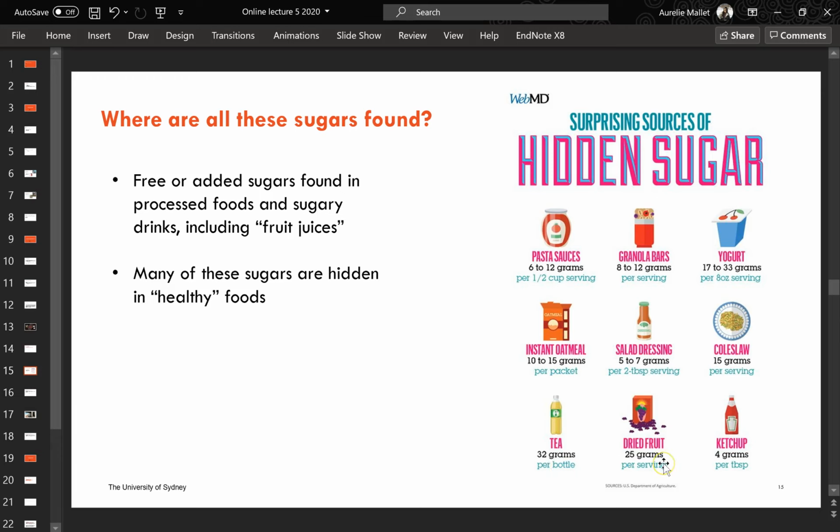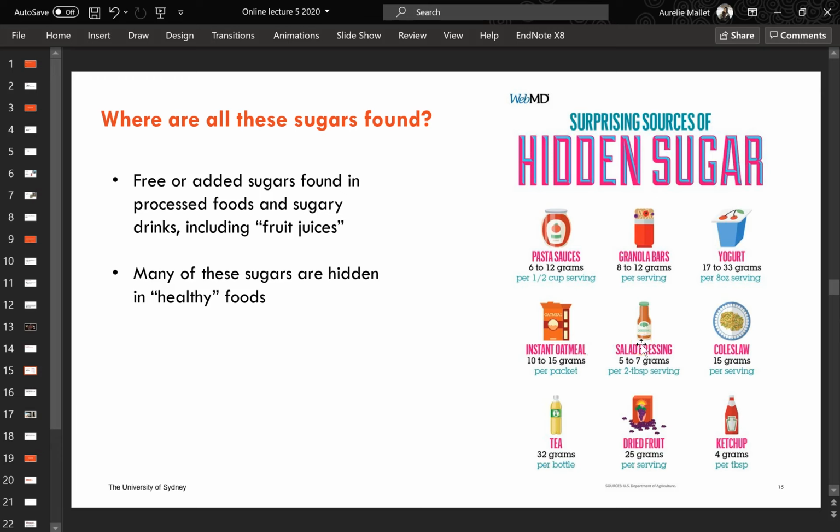Dried fruits as well, which can be a healthy snack in small quantities, but it's good to be aware that they are quite high in sugar per serving. Ketchup, so tomato sauce, also contains sugar. If you are lathering your chips in tomato sauce, that's essentially adding sugar to your already fatty food.